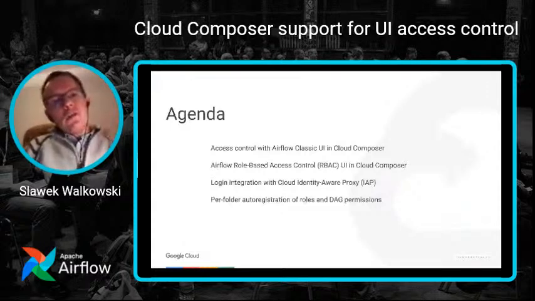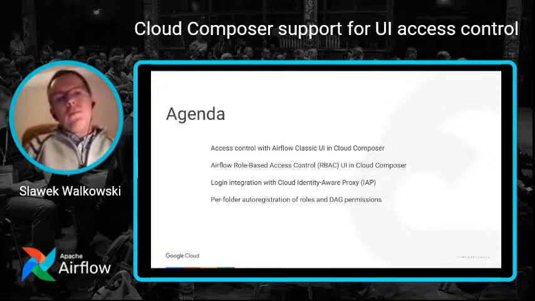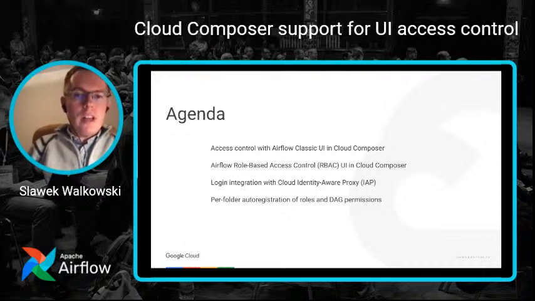So today I want to cover the following topics. First I will talk about how we've approached controlling access to the classic Airflow UI so far in Cloud Composer. And then I will discuss how we integrated Cloud Composer with the role-based access control RBAC Airflow UI. Whenever I say classic UI, I mean non-RBAC as opposed to RBAC UI.